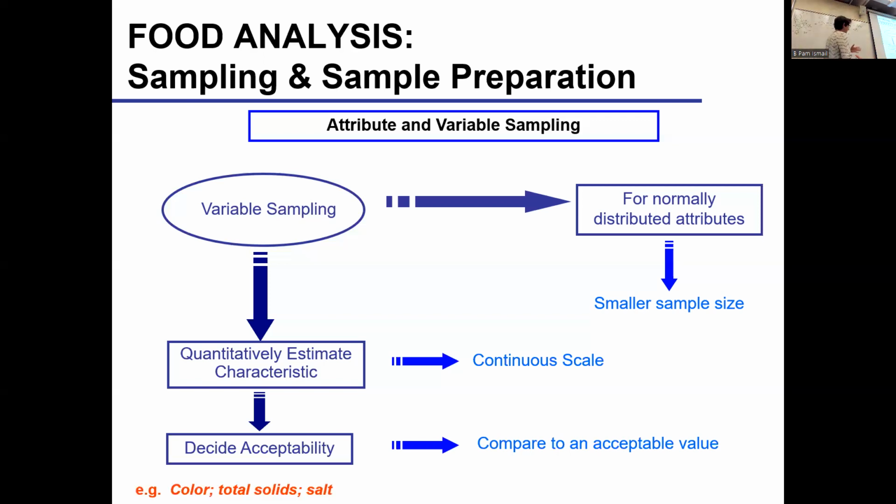Examples are color, total solids, salt, the list goes on. All of those components can be quantitated, and there is a quality or a reference number that you would be attempting to reach or to have.